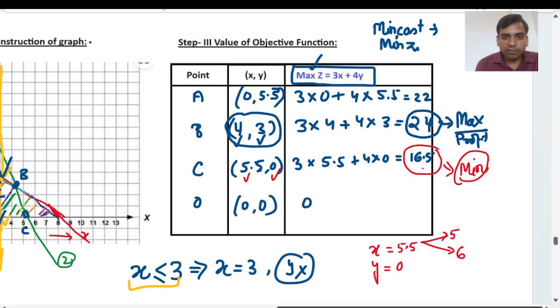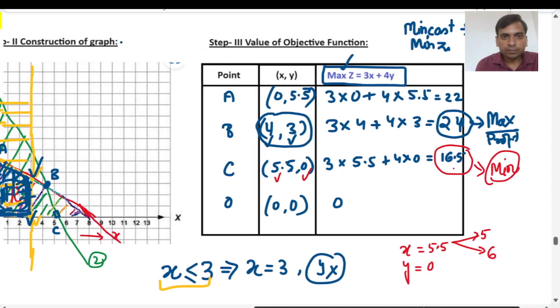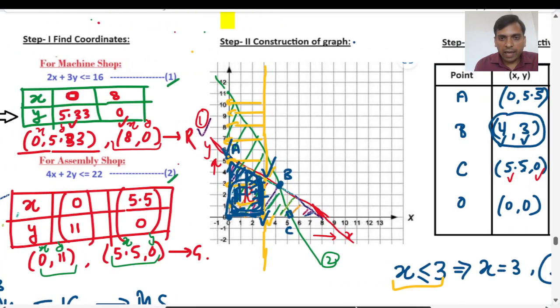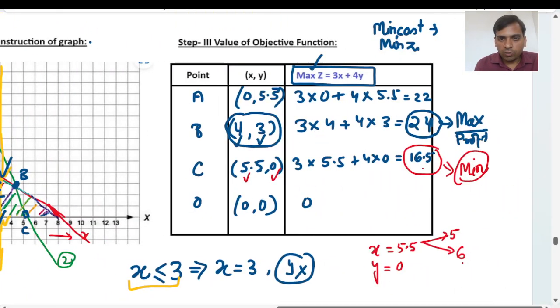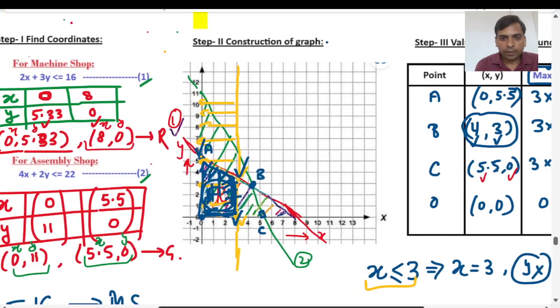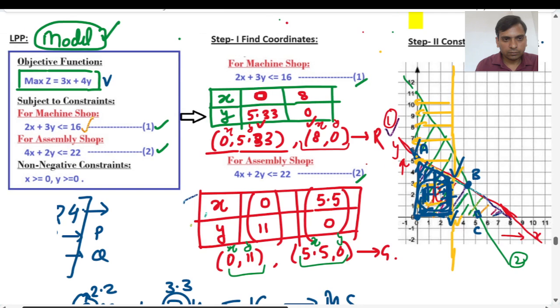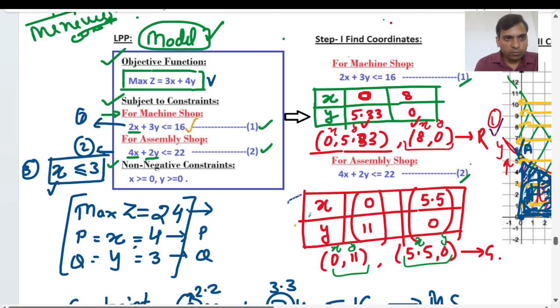If we put 5, we will test the model at 5. So x equals 5, and y is fixed as 0. First we will test the first equation and then the second equation. The first equation is 2x plus 3y less than or equal to 16. We are not producing y, so y equals 0, and this is 3 into 0.